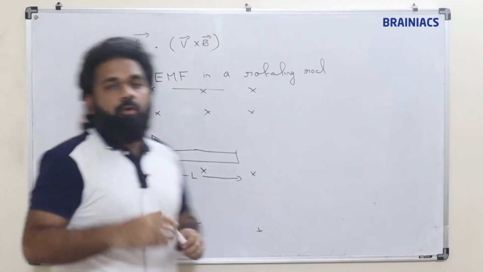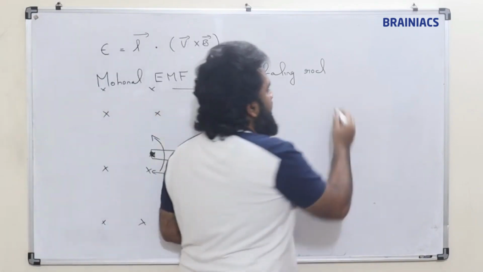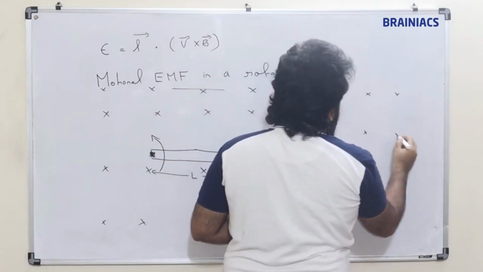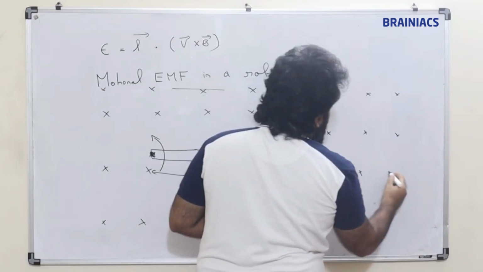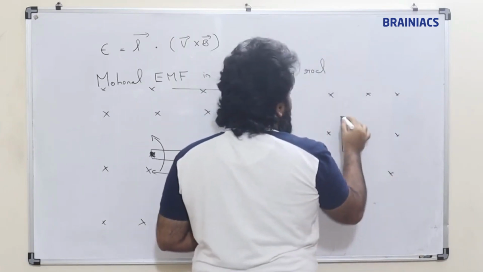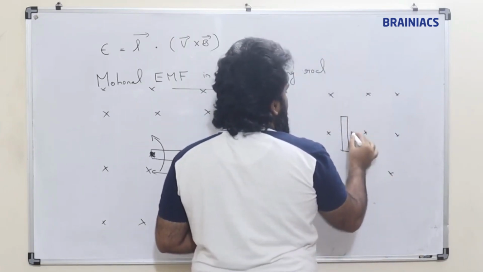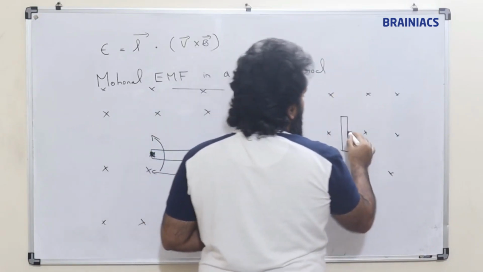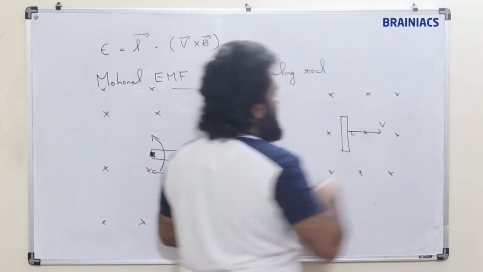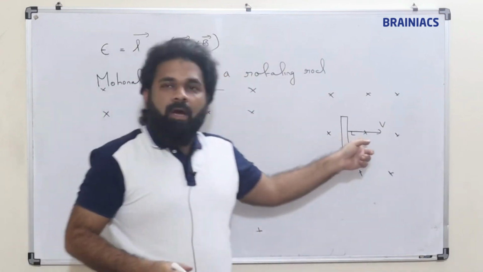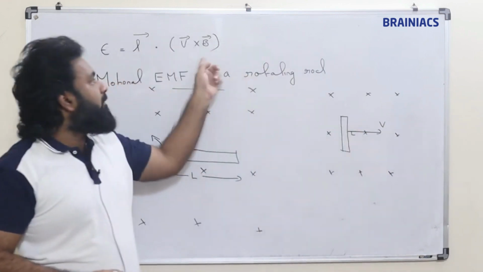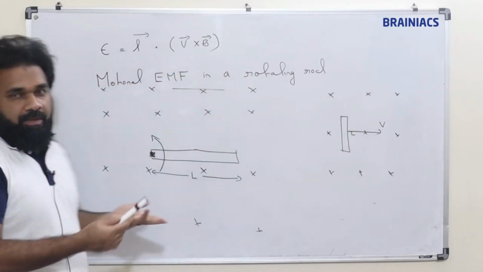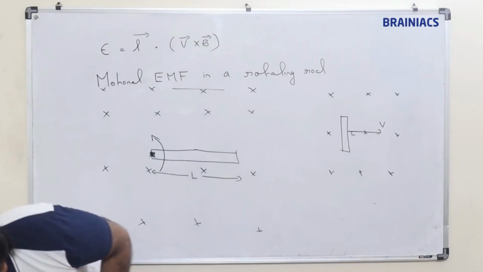Then what is going to be the EMF? Suppose the magnetic field is like this, and the rod is perpendicular to the magnetic field, moving with a velocity in this direction; how to calculate the EMF we have seen. Now for this one, how to proceed? What shall we do?